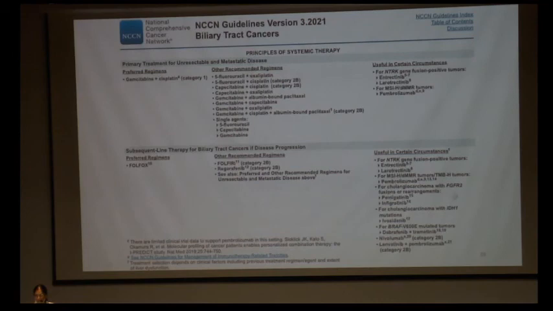And for cholangiocarcinoma, we have these new drugs which we have already discussed: FGFR2 fusion, pemigatinib, infigratinib; IDH1 mutation, ivosidenib; BRAF V600E, dabrafenib and trametinib, and nivolumab; and now lenvatinib plus pembrolizumab is category 2B presently.